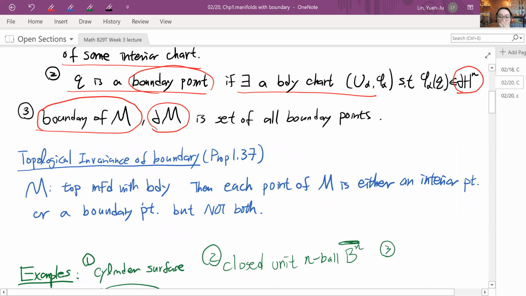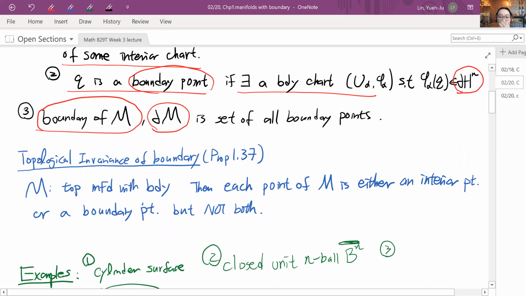This is a two-dimensional surface. This is a manifold with boundary because the boundary is exactly the upper circle and the lower circle, the two copies of S1. These two together give me the boundary of my manifold.